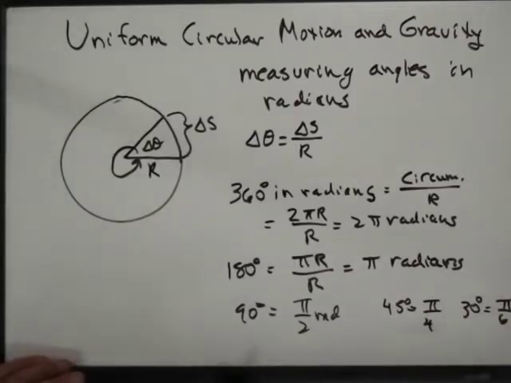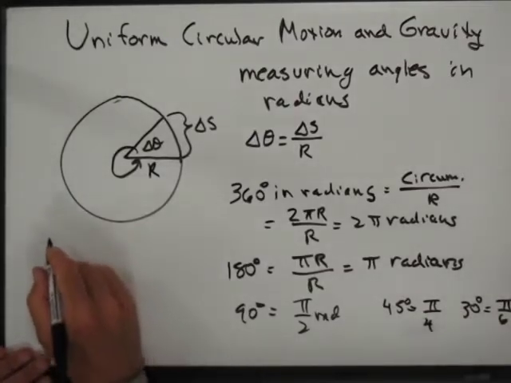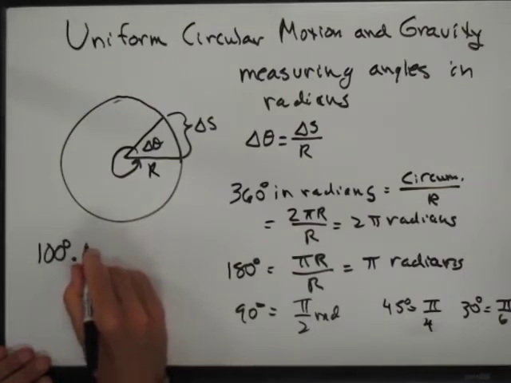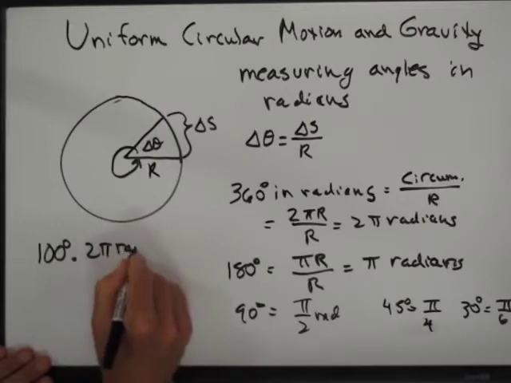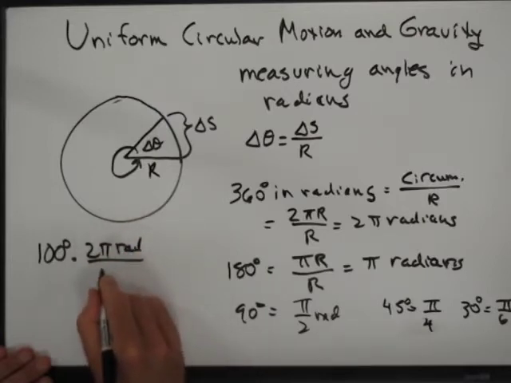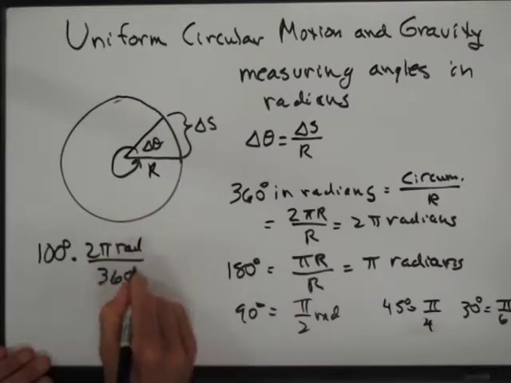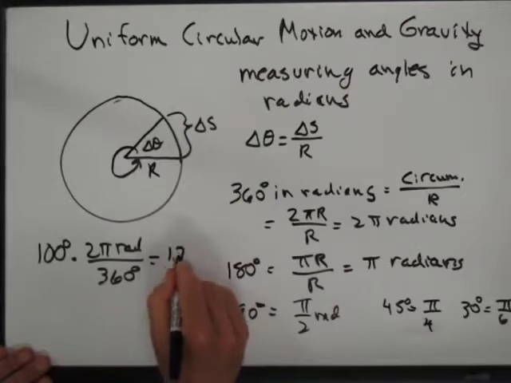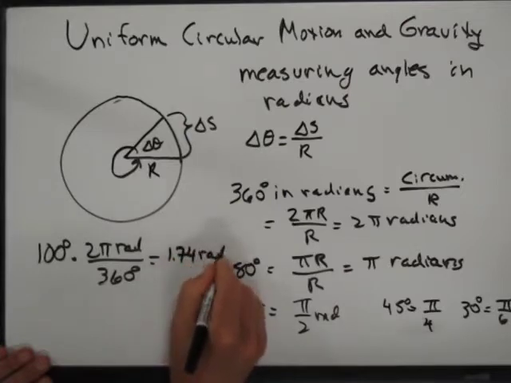And so if I wanted to calculate, well, what is, let's just make up 100 degrees in radians, right? Well, I can just multiply it by 2 pi radians over 360 degrees, because these two things are equal. That'll cancel the degrees, and I get about 1.74 or something like that radians, and so on.